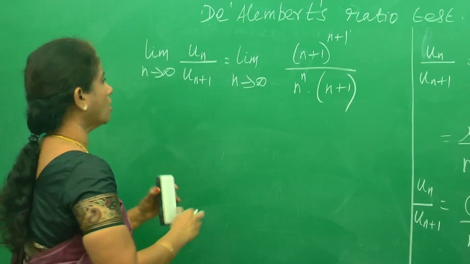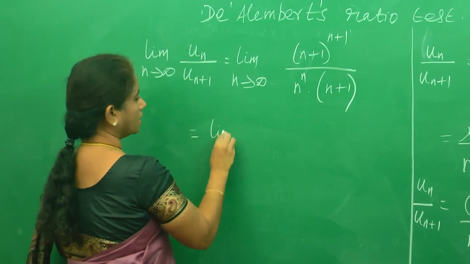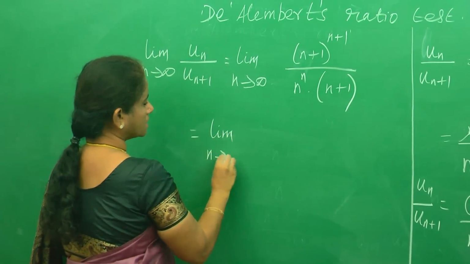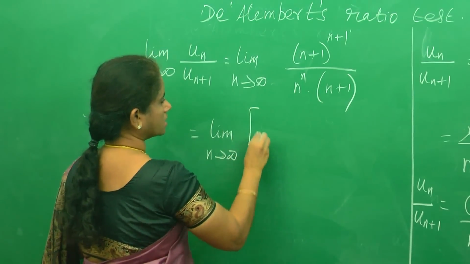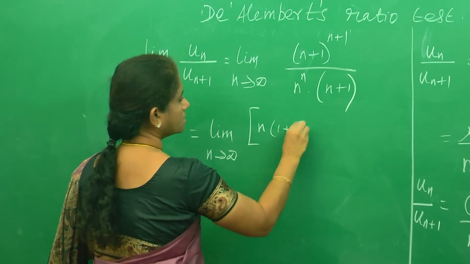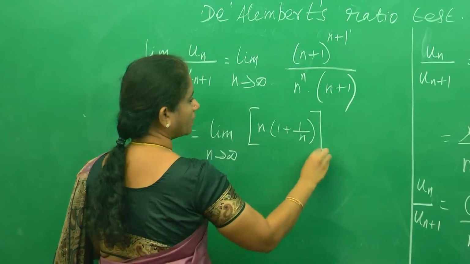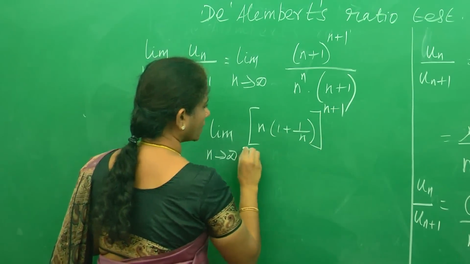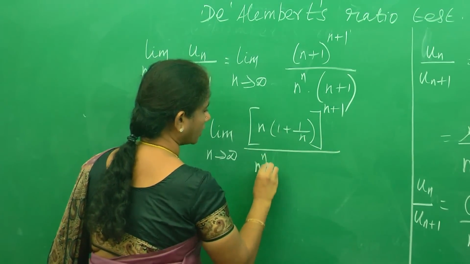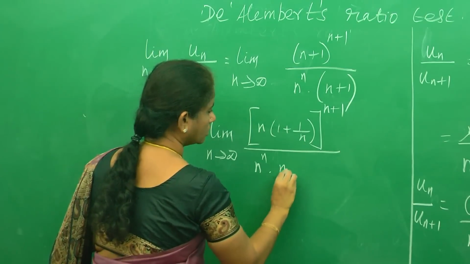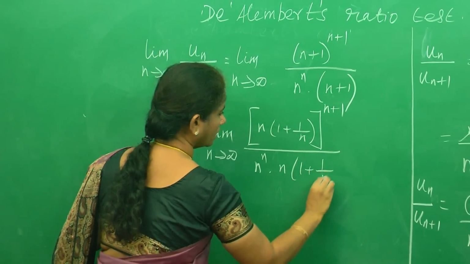Now as usual, when limit n tends to infinity, we are supposed to take the highest power of n outside. So this is same as limit, listen carefully, this is a little bit tough but I will write an extra step for you. 1 plus 1 by n to the power of n plus 1 divided by n to the power of n. This n is taken out, 1 plus 1 by n.